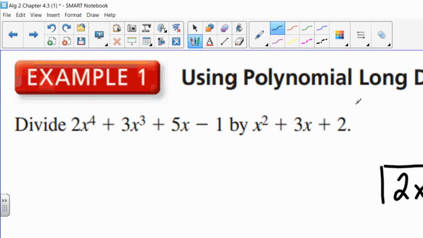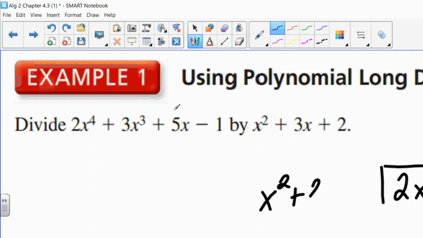I need 5, 4, 3, 2, 1 in our constant term. So if there's ever one missing, we have to put it in. Now I'm not going to worry about x to the 5th because it's in front of 2x to the 4th. But whatever power is the biggest one that we start with, we need it and everything going down to 0, our constant term. And that's true for inside as well as outside.